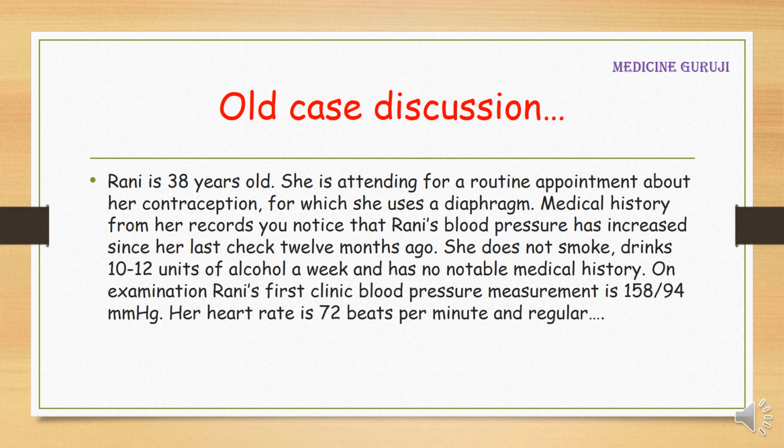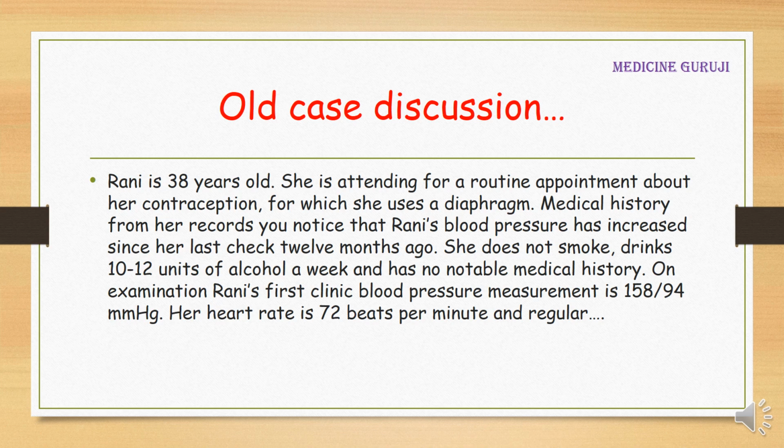She does not smoke, drinks 10 to 12 units of alcohol a week, and has no notable medical history. On examination, Rani's first clinical blood pressure measurement is 158 by 94 millimeters of mercury. Her heart rate is 72 beats per minute and regular. So, what do you suggest?